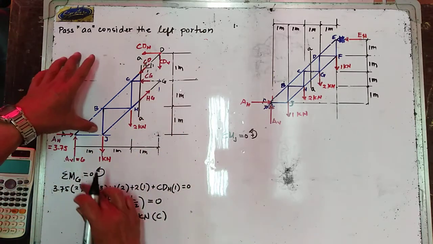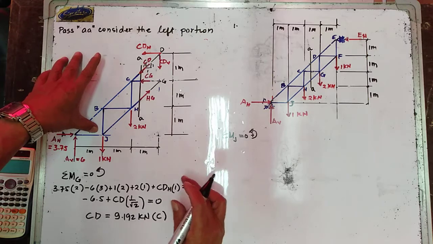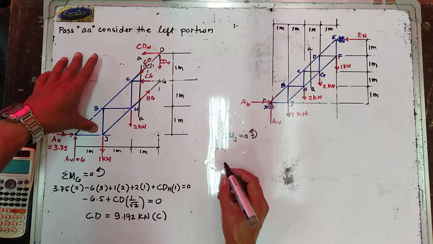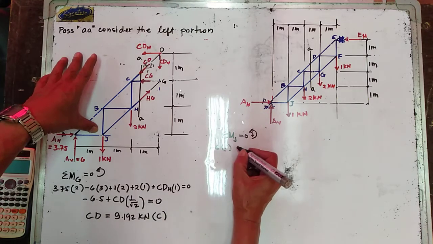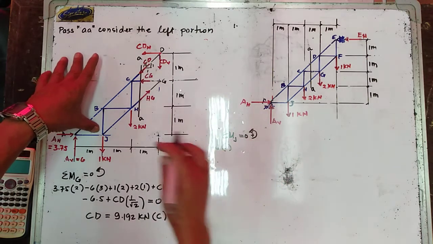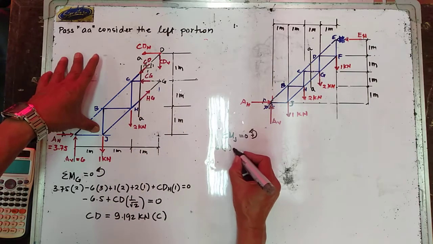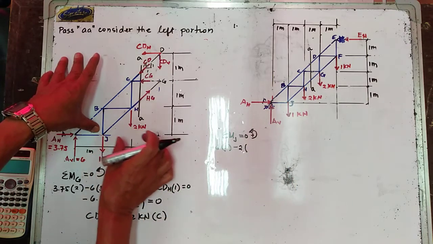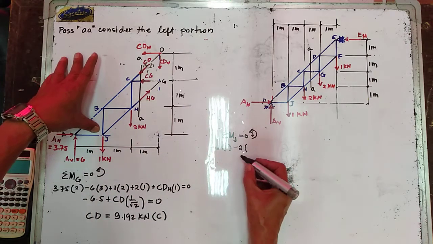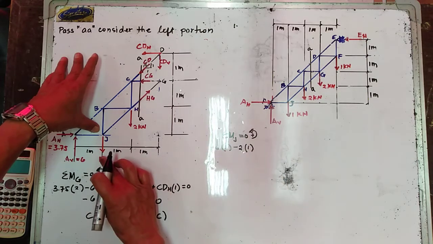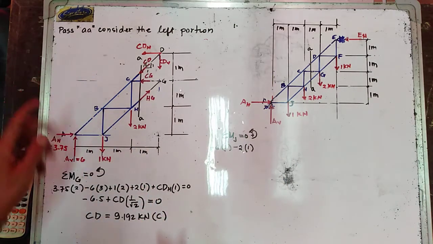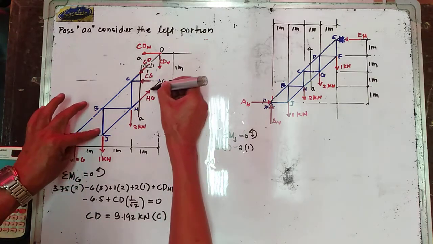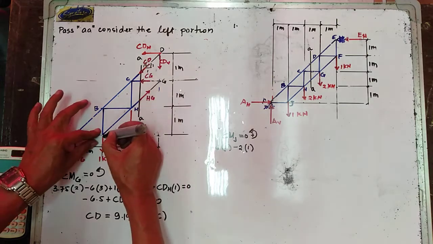So we have your A vertical is going clockwise. So we have minus 6. Now the moment arm is equal to 1. So this 2 is clockwise. Minus 2, multiply this one by 1. Your 1 kilonewton has no moment because it passes through the moment center. Your HG has no moment because it passes through your moment center.